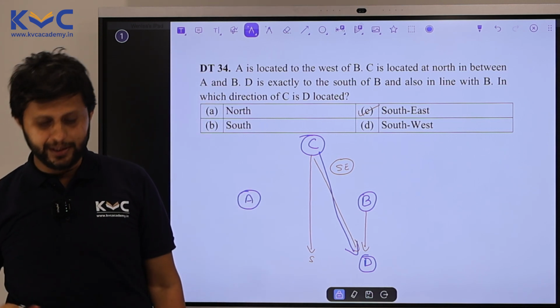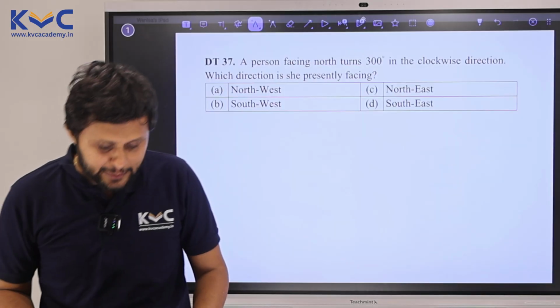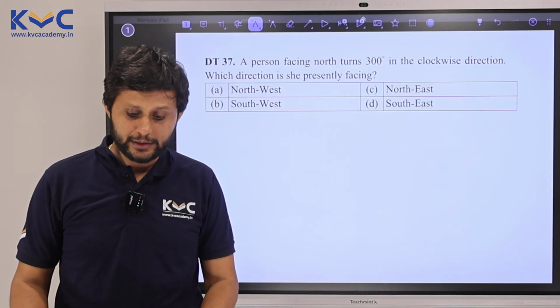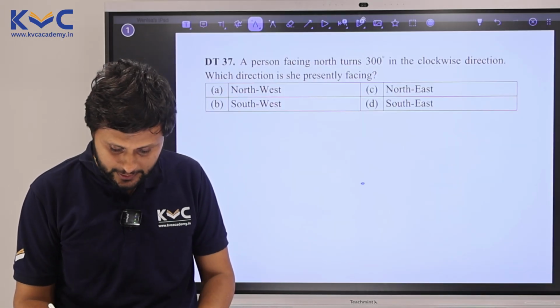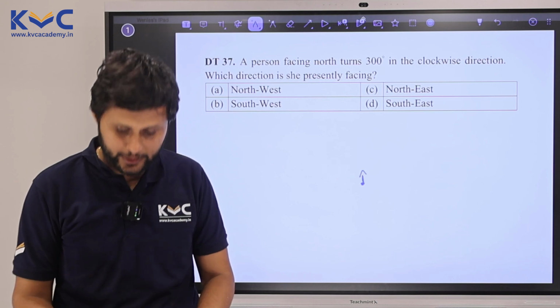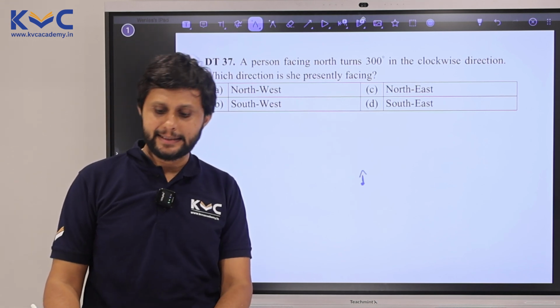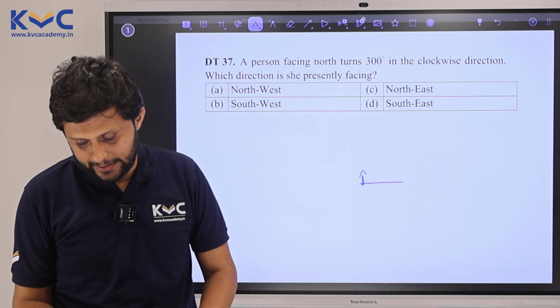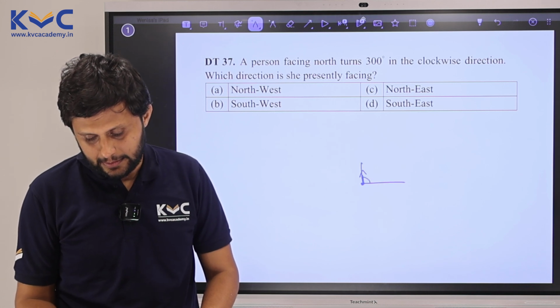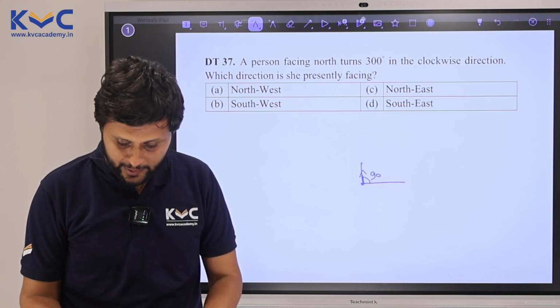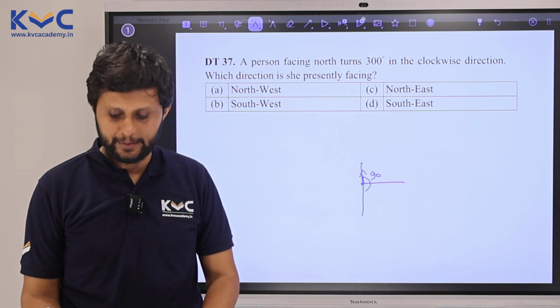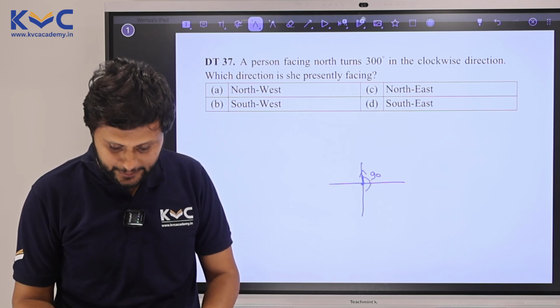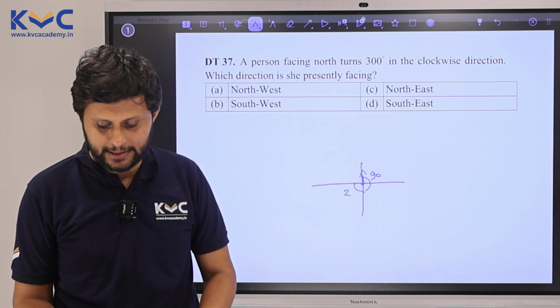Fine, we'll move on to the next question. Person facing north. Now is facing north, is over here. Okay, 300 degrees. So this is 90 degree. If I go further, it becomes 180 degree. If I go further, it becomes 270 degree.